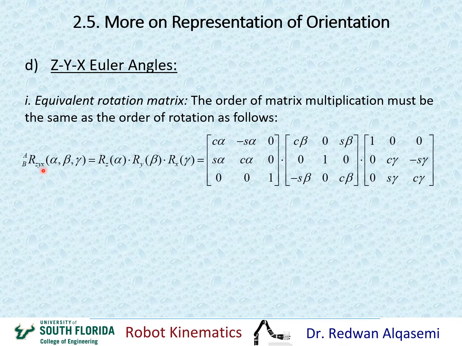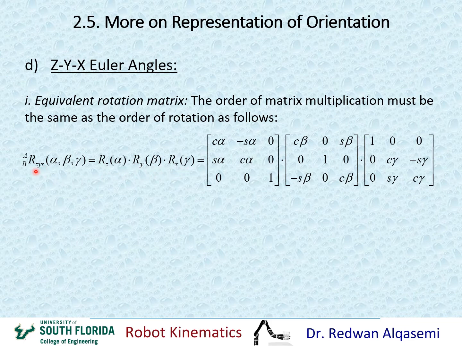This is rotation about Z by alpha, Y by beta, and then X by gamma, in that sequence: Z, then Y, then X. That describes frame B relative to A after doing the three rotations. So when we multiply the corresponding rotation matrices, we use the exact same order of multiplication as the order of rotation.